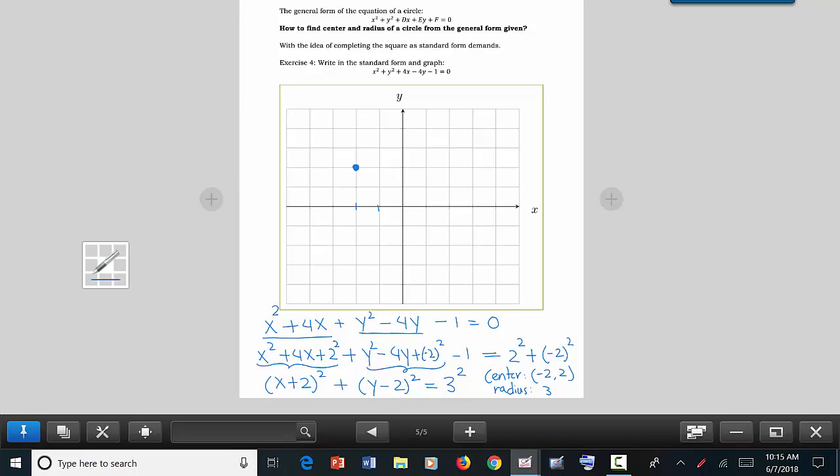The radius is 3, so let's go 3 units everywhere. 3 units down, this is the point. 3 units left, 3 units up, and 3 units right. Let's try to make the circle. And that is the graph of this circle.